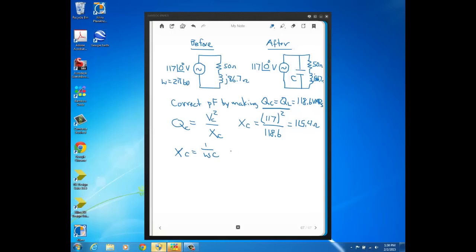So I can solve for the actual number of farads C that we need by just taking 1 over omega XC. So if I plug in the 115.4 here, and this is the 2 pi 60, it comes out that the capacitor that we need to put in parallel with that motor to make the power factor equal to 1 is 23 microfarads. Okay?